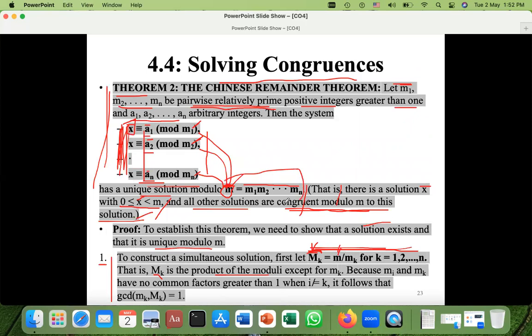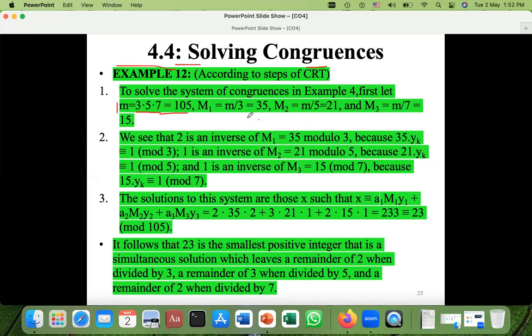This was the step which is mentioned here in the Chinese remainder theorem. And then what? Now we are dividing this 105, which is m, with the first value, with 3. And we are getting 105 divided by 3, which is 35, which is capital M1.